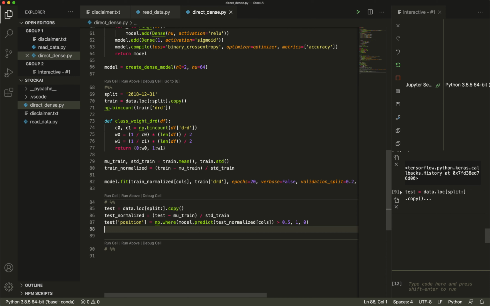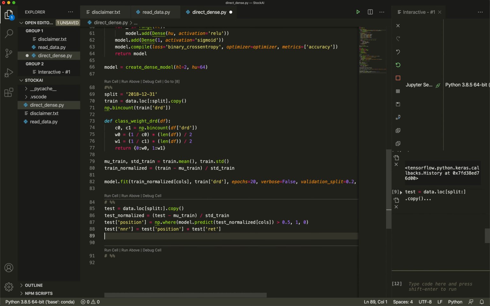Once we have the position, in order to compute the return of this entire strategy, it's actually quite straightforward. Let's just call it test ANR. The neural network return is going to equal test position multiplied with test RET, which is the day-to-day closing price fluctuations, right?